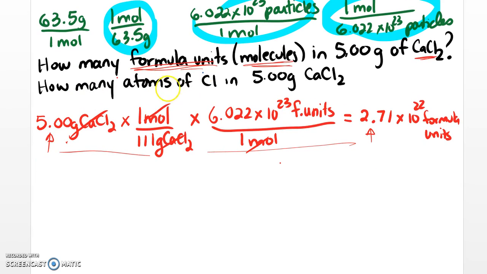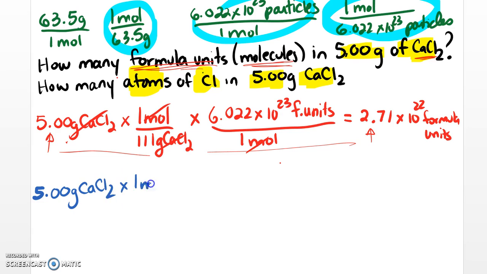It says, how many atoms of chlorine are in 5 grams of calcium chloride? Okay, so it's similar to the question above, except it's asking for the atoms, not the formula units. So you're starting with the known. You have 5.00 grams of calcium chloride.